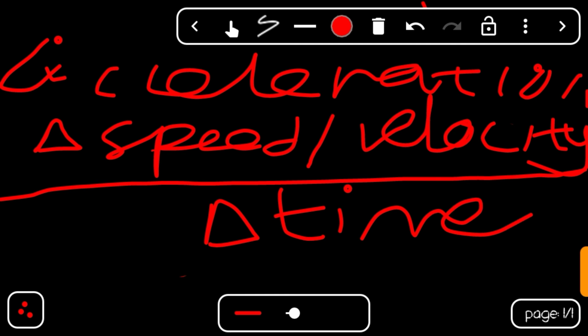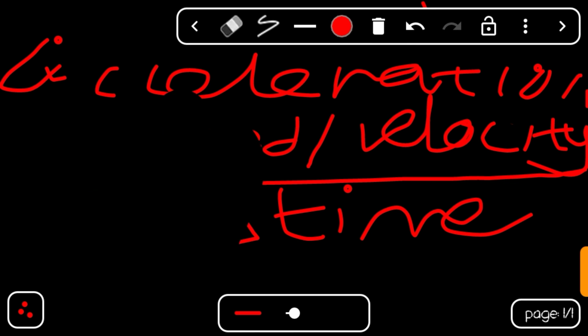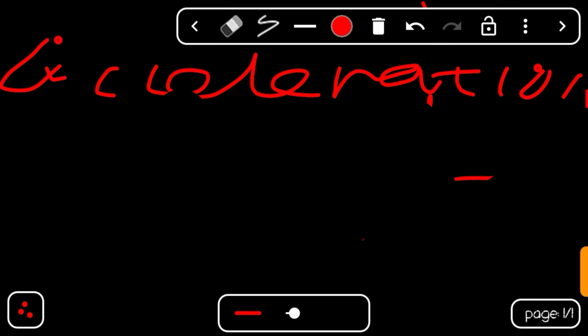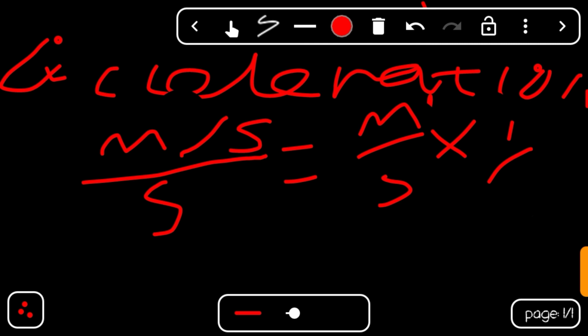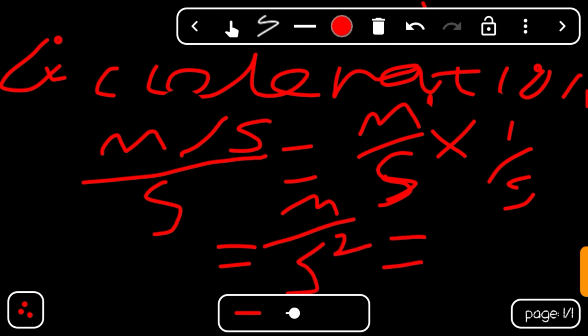As you've seen if you've been following the video, the units for speed and velocity are the same, which is meter per second, and the unit for time is second. So we have meter per second over seconds, which equals m over s times 1 over s. So acceleration equals m over s square, which is meter per second square. Acceleration is meters per second square.